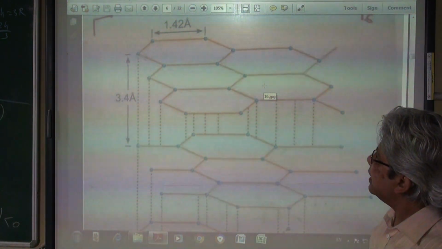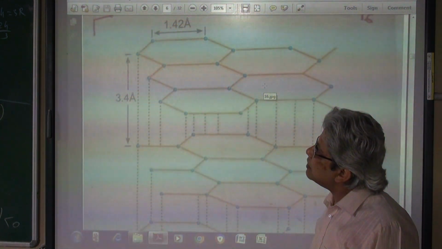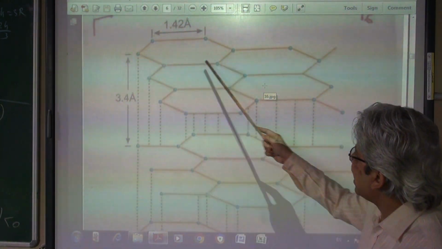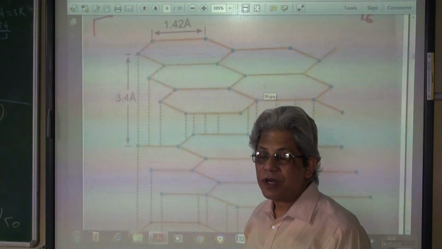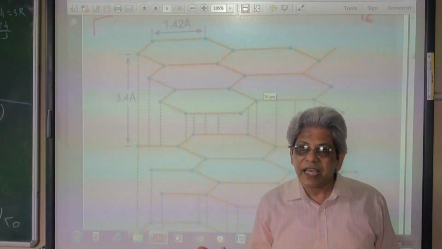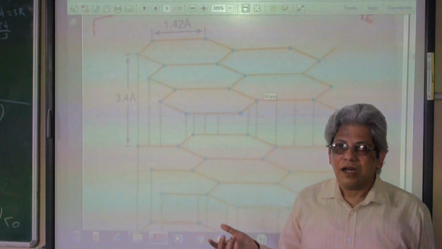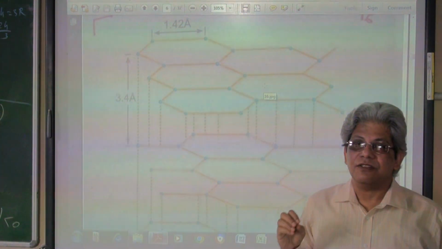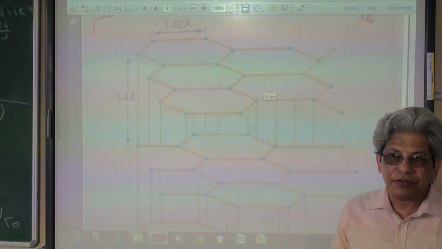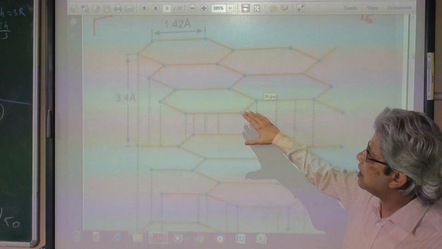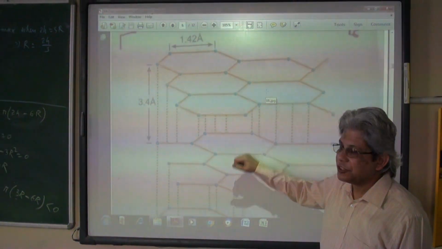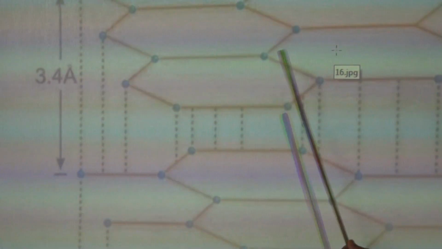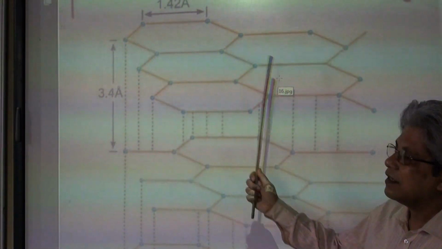As a result, electrical conductivity is good along the plane but not perpendicular to the plane. So what we have learned is that in some direction it is good, but in some other direction it is not of the same magnitude. So electrical conductivity is not the same in all directions. That's why we say electrical conductivity is anisotropic in graphite.